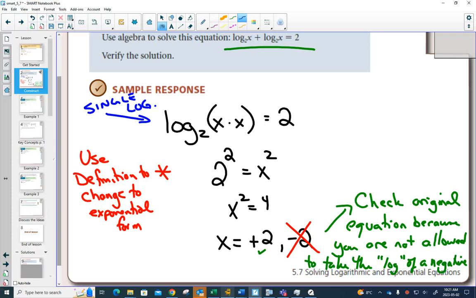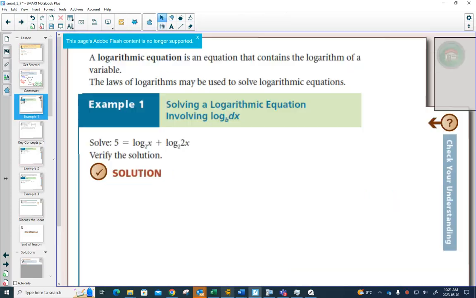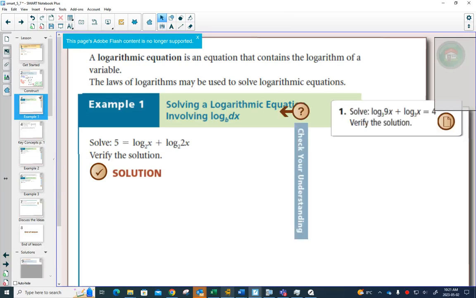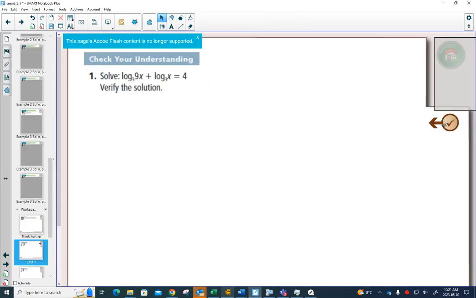So let's go to example 1. We're solving this. It is a logarithm equation because there's an x inside the log. So we want to think about those key things. The key things are, we want to change it to exponential form.